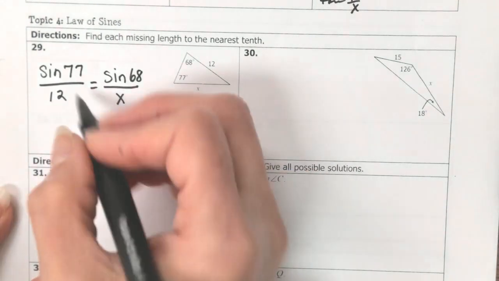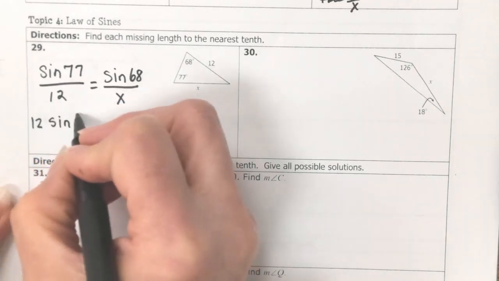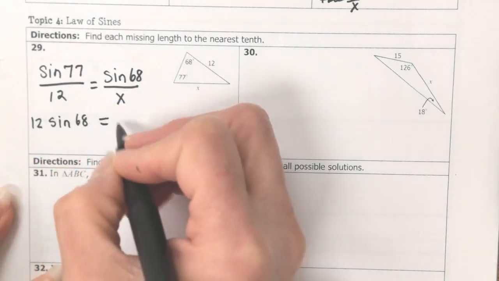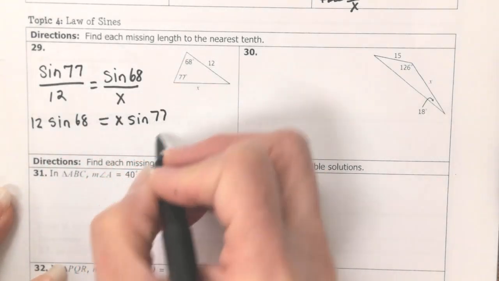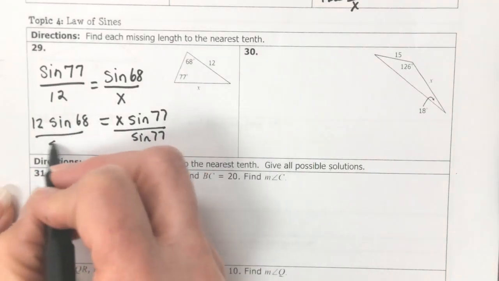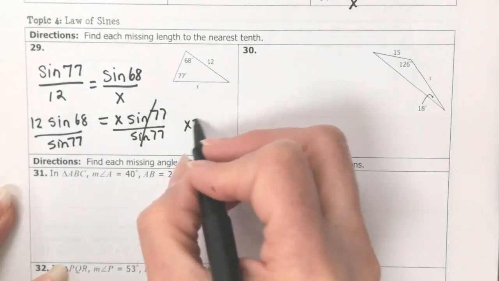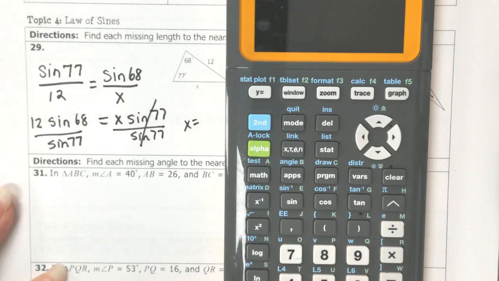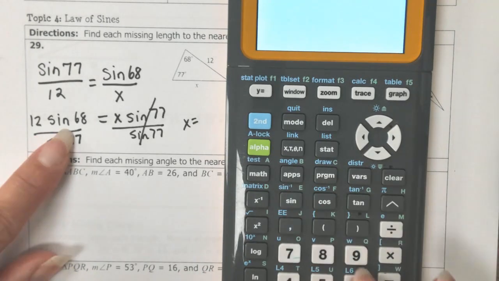Okay? So you have 12 times sine 68 on one side, and on the other you have x times sine 77. You can divide by sine 77 to move it, and we'll get x as answer. Let me plug this in my calculator now. So I have 12 times sine 68.